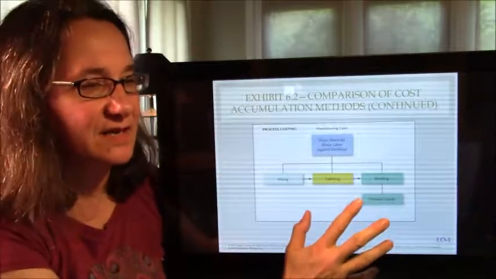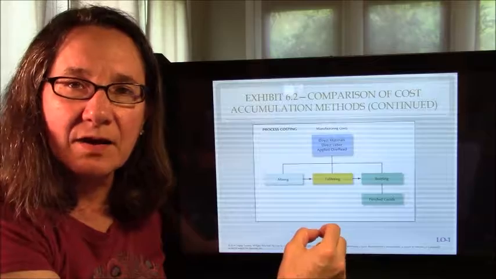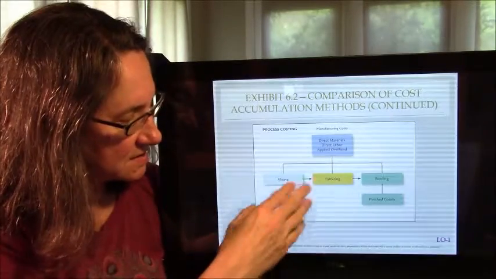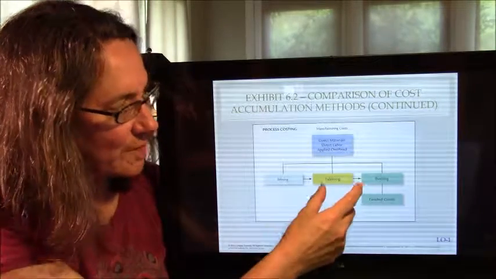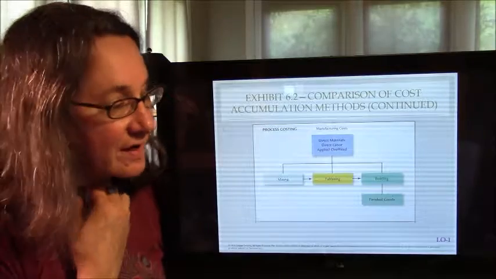So here's kind of an example. This is from your book. I believe it's talking about some kind of pharmacy product where you mix the product, you make it into a tablet, then you put it in a bottle and it goes to finished goods.